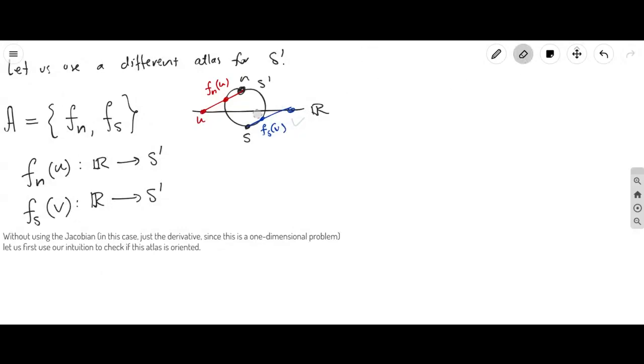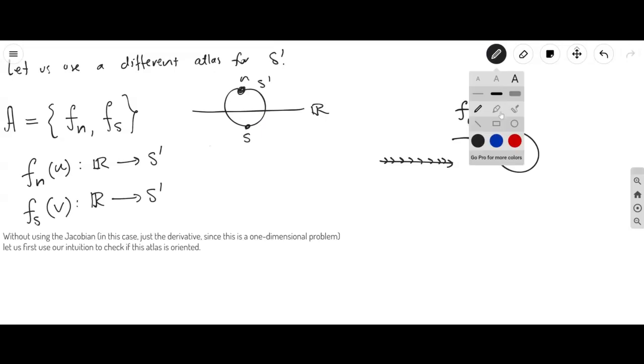So the way you can think of this is just what we did in the previous example. Let's just see what happens with the real line. Imagine the real line goes from negative numbers to positive numbers. And then how does this real line get mapped using Fn? Well, you can see that as you move from left to right, maybe I should remove all of this so it does not get in the way.